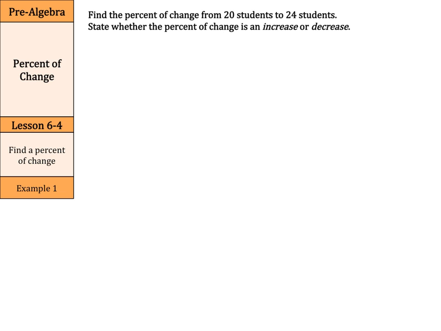In example 1, find the percent of change from 20 students to 24 students. State whether the percent of change is an increase or decrease. Well, if we break this down into some simple steps to follow, step 1 would be to find the amount of change.